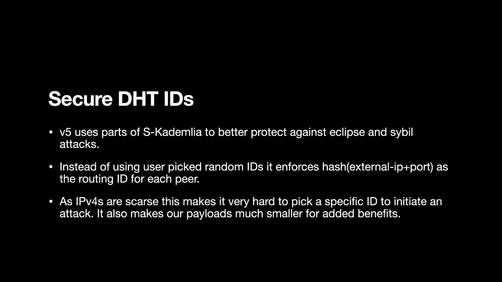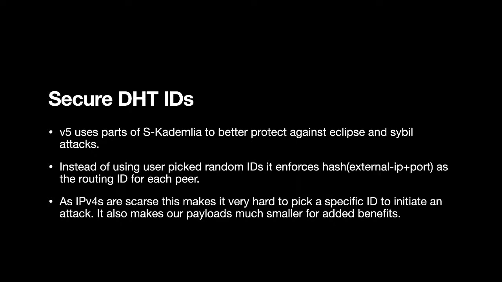So instead of using user-picked IDs for routing IDs, right now we're using this really cool technique where you just use a hash of your external IP and port, and that's the routing ID. And we've done a ton of stuff around that to make sure that it just works. This one is really cool because it means it's really hard to pick your ID because IPs are scarce. We're using that as a feature.